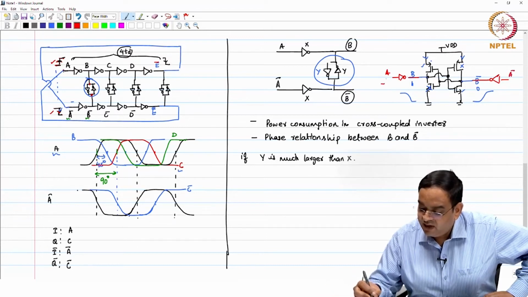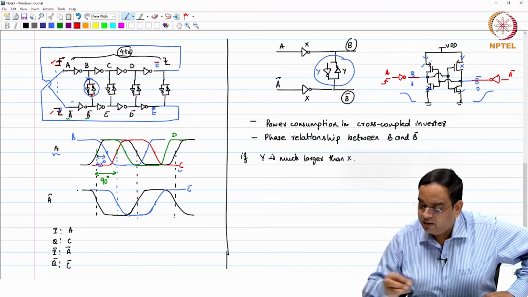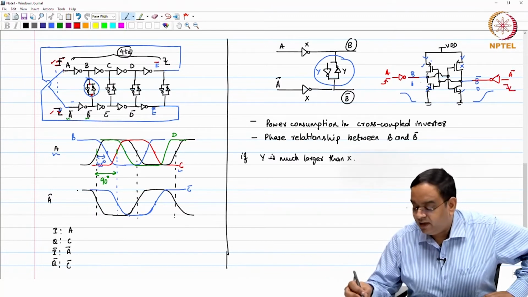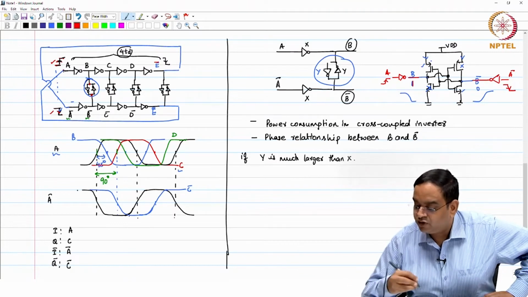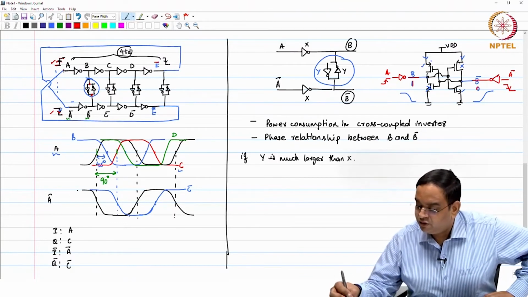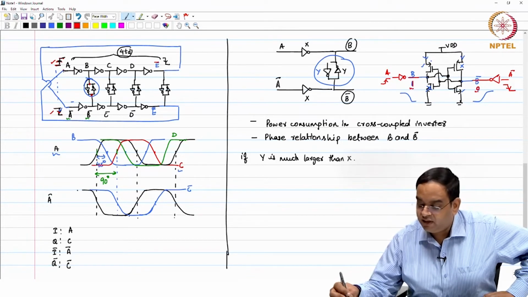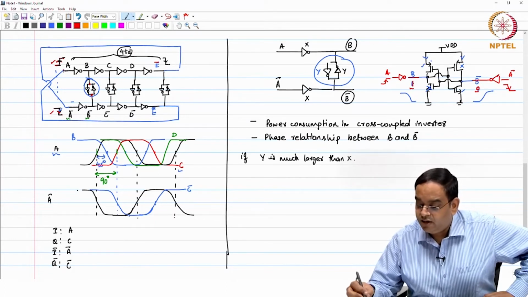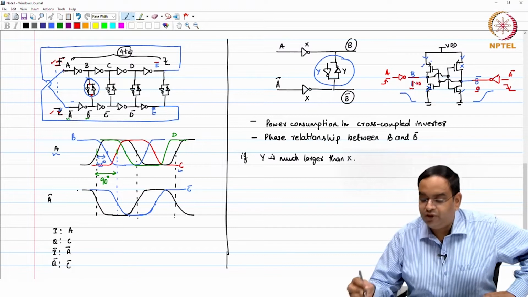If I make a rising edge transition here and a falling edge transition here, and consider that previously B was 1 and B bar was 0, that was the initial condition, and A goes from 0 to 1. So, ideally your B should go from 1 to 0.